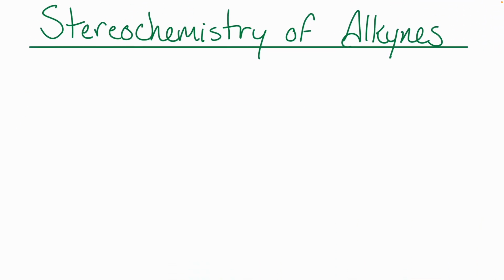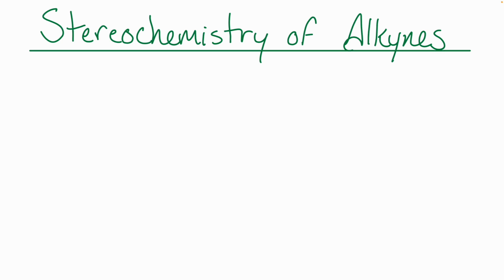Okay, stereochemistry of alkynes. Good news. We don't have any. There's nothing to worry about. There's no such thing as cis and trans isomers. We don't have that same sort of problem that we have with alkenes, because for an alkyne and that linear geometry, there's only one way that you can organize things in a line.